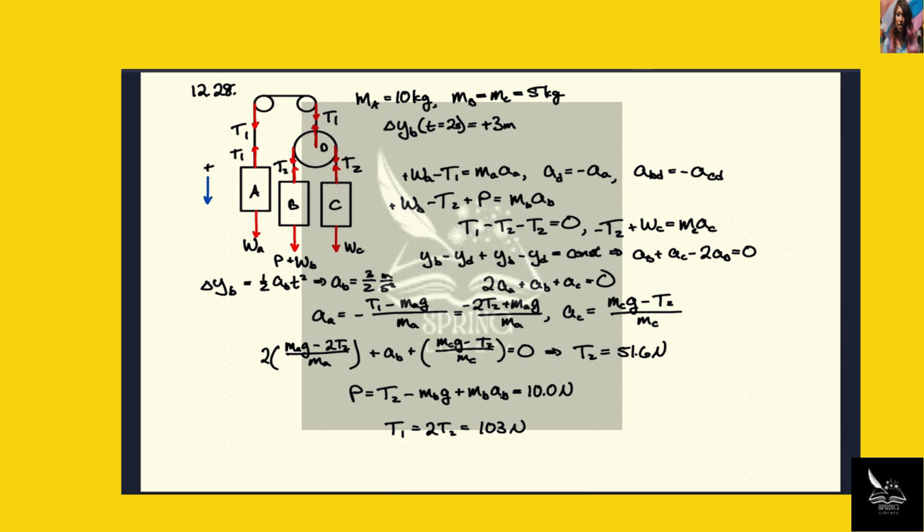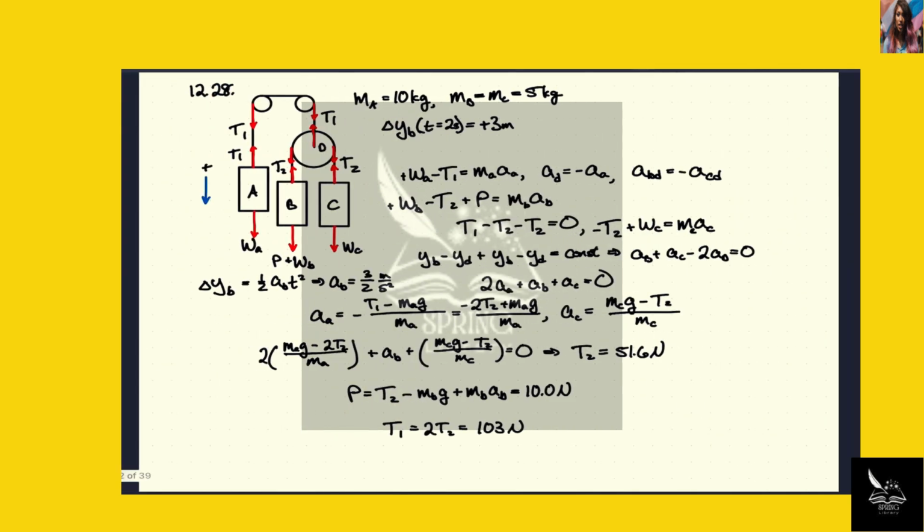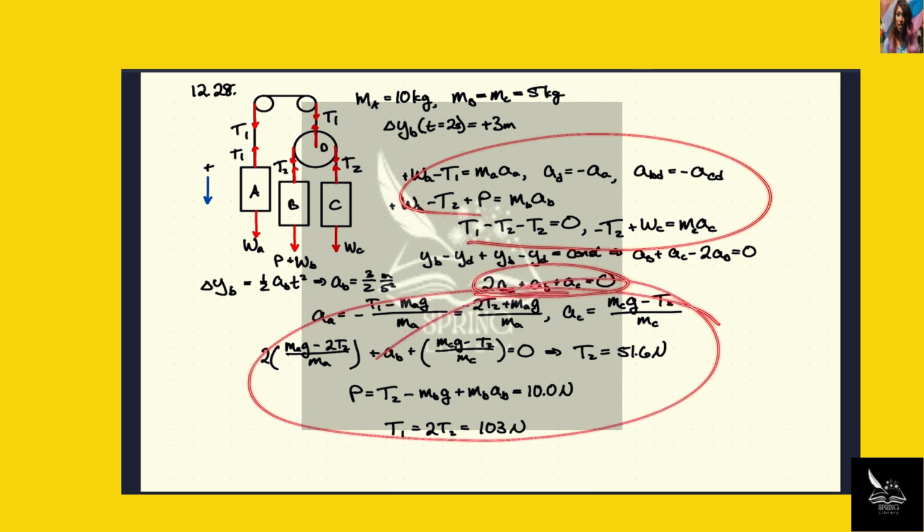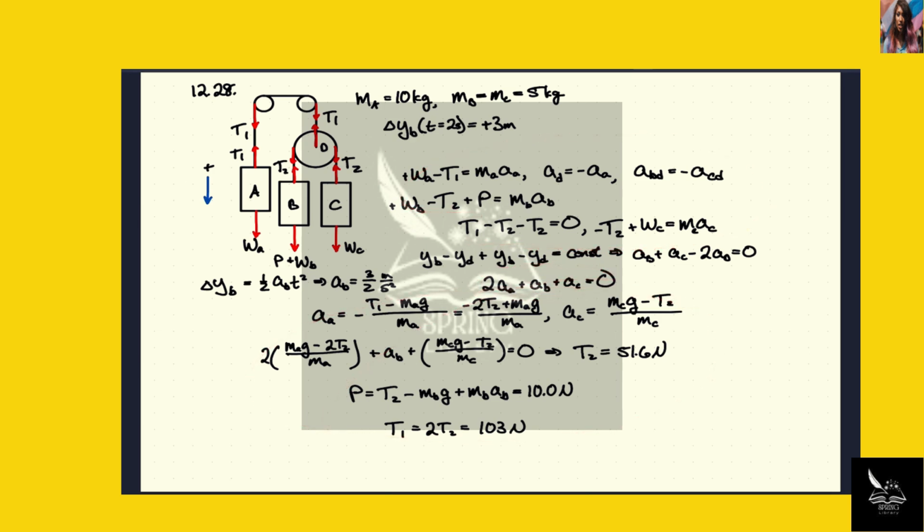Then we can figure out what T1 is, and that's simply twice T2, so that's 103 newtons. That's the tension in this cable here, and I think that's all they asked for. So again, just simple Newton's laws, then some kinematics, and then some algebra, basically, and we'll get the answer for that one.